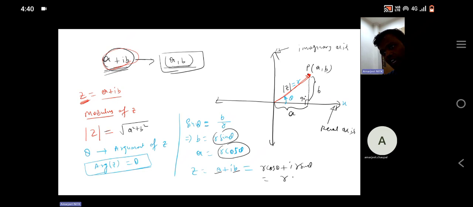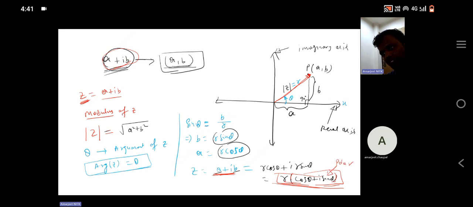If you take r common, you will get r under bracket cos theta plus iota sin theta. So the same complex number a plus iota b can be written as r into cos theta plus iota sin theta. This form is known as polar form.